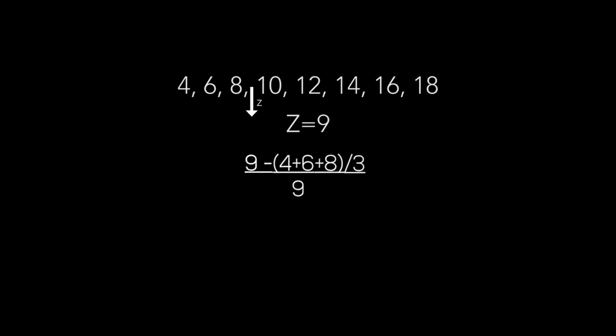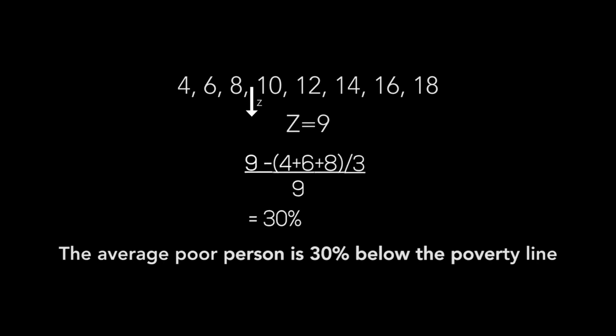That's what that is. So I take the average of these three, subtract from the poverty line, which gives me the gap between 9 and the average, and I take it as a percentage of the poverty line. So the average poor person is 30% below the poverty line or whatever.